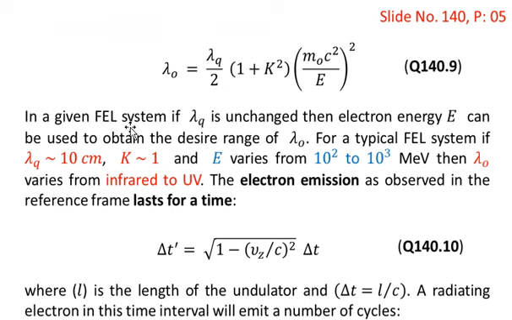In a given FEL system, if lambda q is unchanged, then electron energy capital E can be used to obtain the desired range of lambda naught.